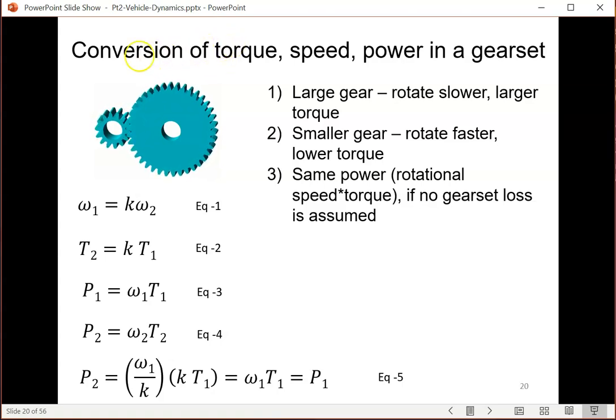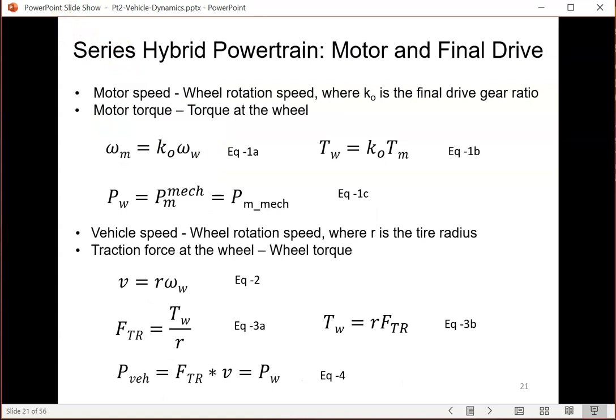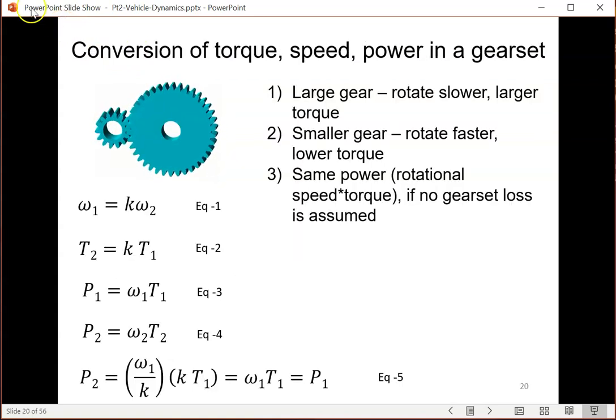So for the speed relationship, omega 1 is the rotational speed of the smaller disc, and omega 2 is the rotational speed of the large disc. Then the relationship is omega 1 equals K, the gear ratio, times omega 2.